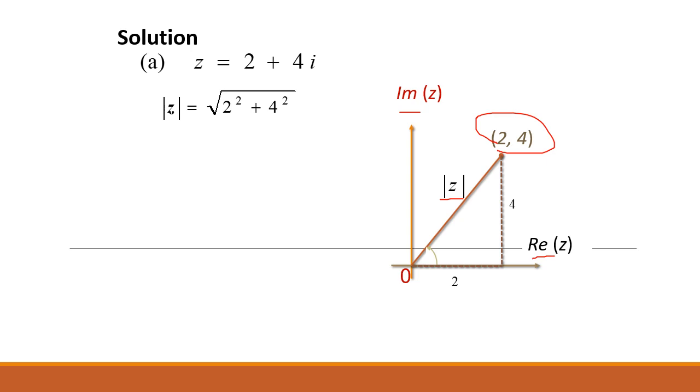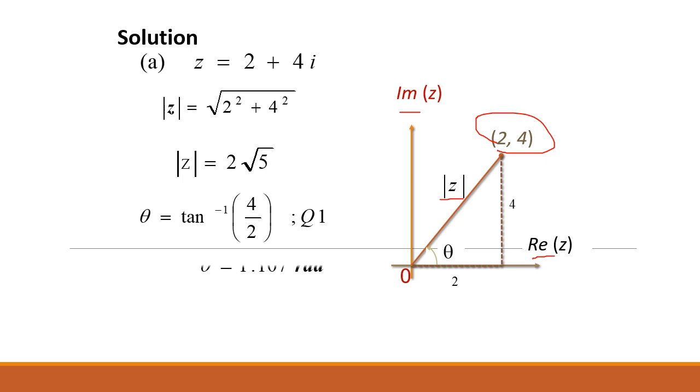Okay, to find the modulus, apply the formula, which is the square root of 2 squared plus 4 squared. This is the formula of the hypotenuse, right? So we will get the answer 2√5. And then for the argument, since it is in the first quadrant, directly we use the formula arctangent of 4 over 2. So the answer should be directly in radian form, 1.107.